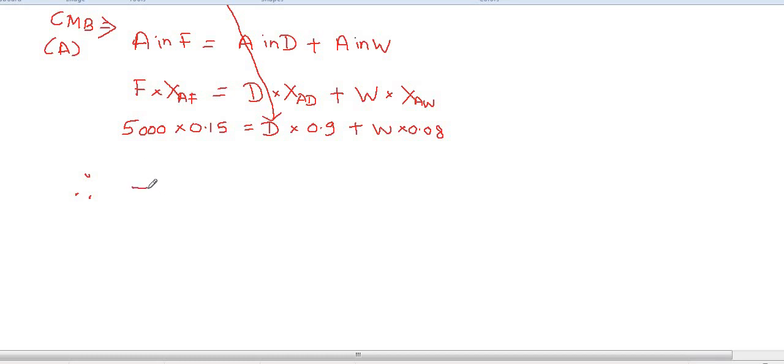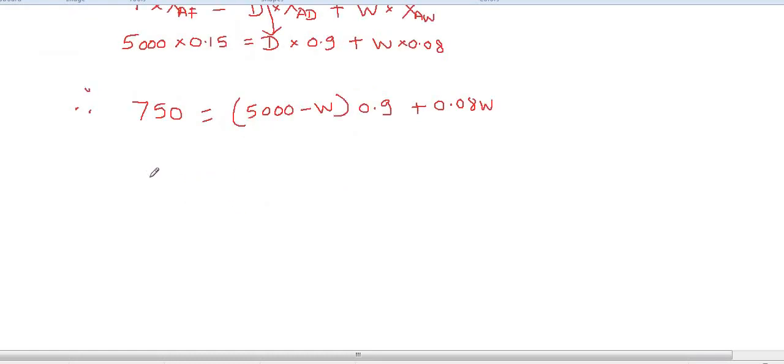It is coming 750, that is equal to (5000 minus W) into 0.9 plus 0.08 W. Okay, now we'll solve this.